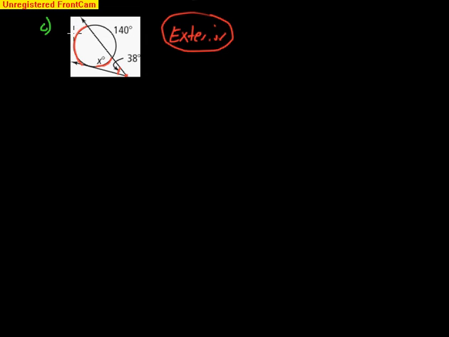So to find this missing arc, let's call this one y. To find y, we need to take the whole circle, 360. Subtract 140 and subtract x. Subtract the two arcs that they tell us about. 360 minus 140 is 220. And the minus x has to remain the minus x. And here is the measure of that arc, 220 minus x.